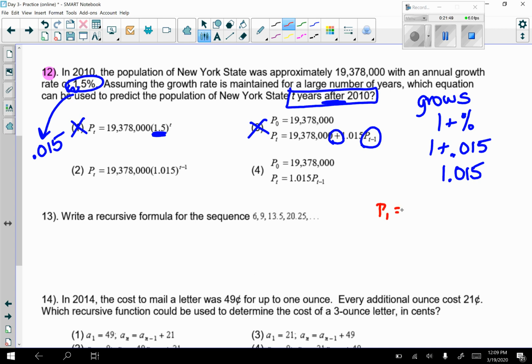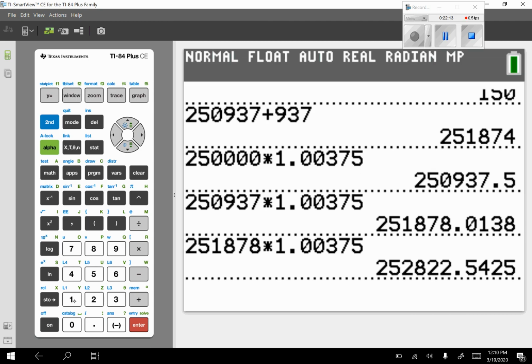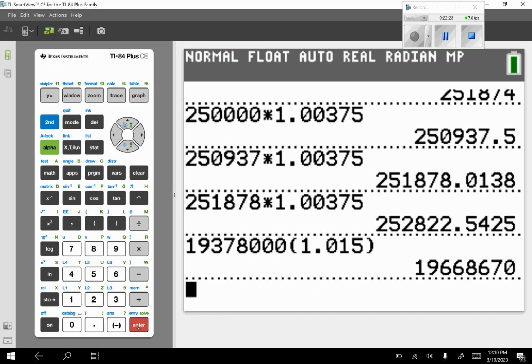In order to find that, I'm going to take my original population, which we're going to call P0, and I'm going to multiply it by 1.015. So in my calculator, type that in.